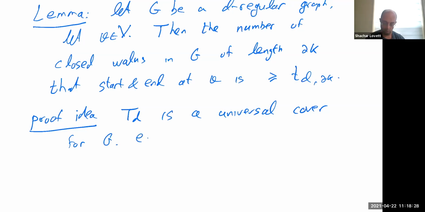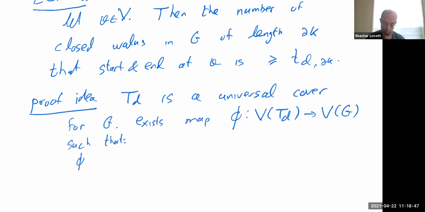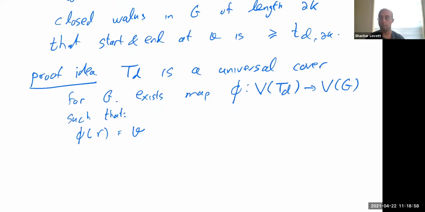What it really means is the following. There exists a map, let's call it phi, from the nodes of this D-regular infinite tree to the nodes of G, such that the root of the D-regular infinite tree, which is some arbitrary node, maps to our node V, and edges map to edges.